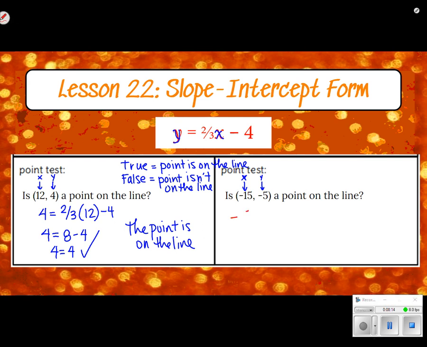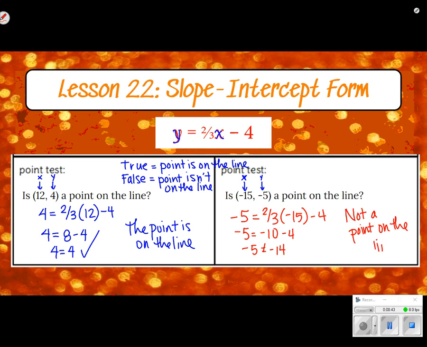We should have plugged in a -5 for y, sorry, for x. 2/3 times -15 minus 4. All right, so 2 times -15 is -30. -30 divided by 3 is -10. Is -5 equal to -14? It is not equal, so this is not a point on the line.